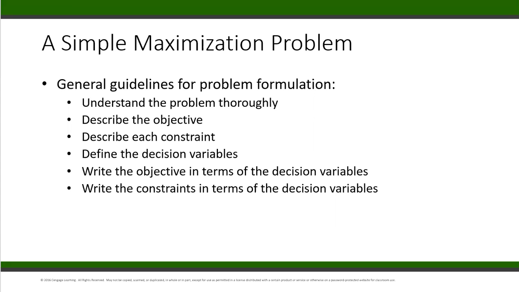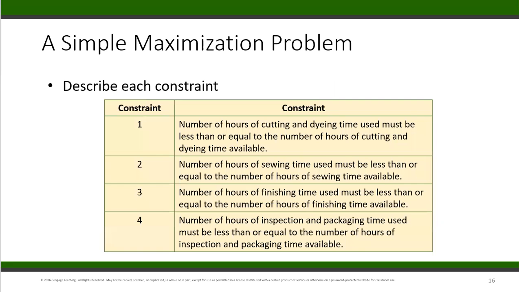and constraints in terms of decision variables in mathematical language, basically mathematical format. So in this specific question, in this production scheduling type of question, we had four departments, and we have limitations on each one of these departments.